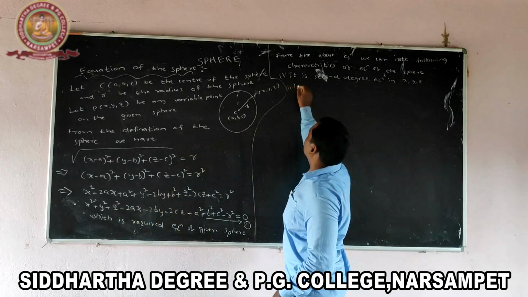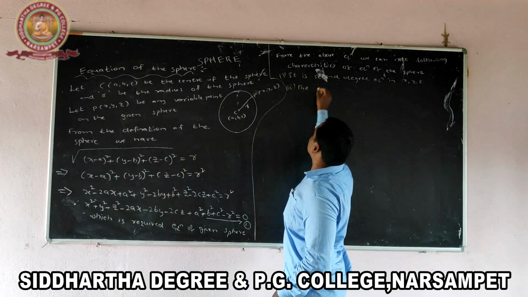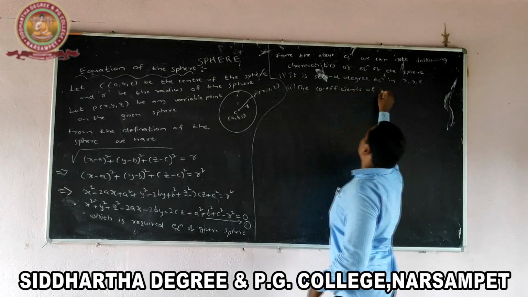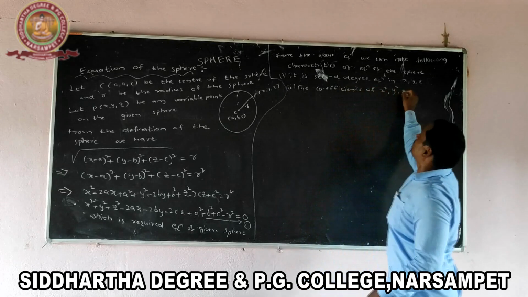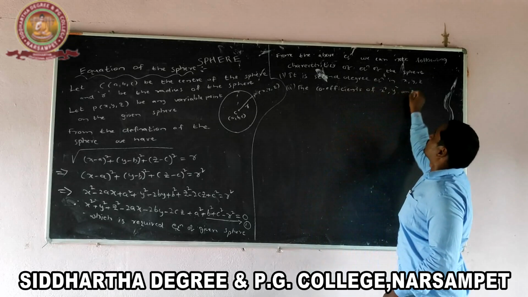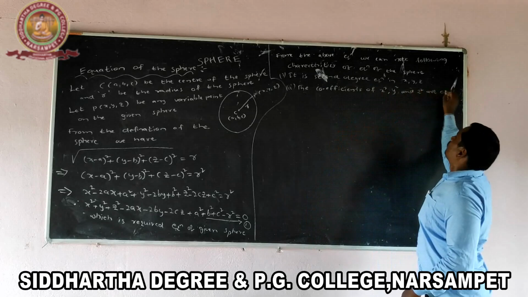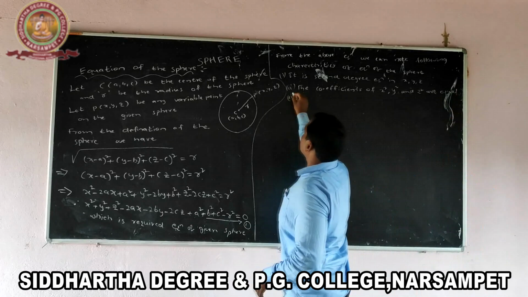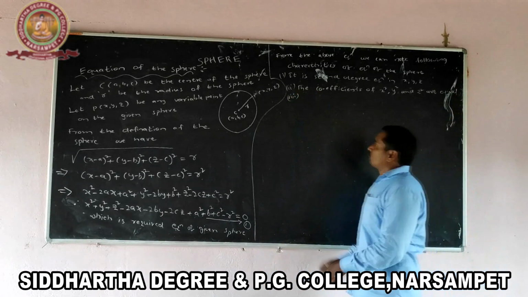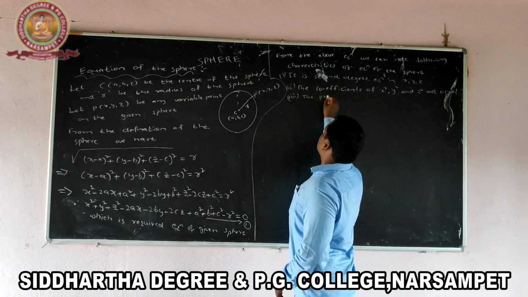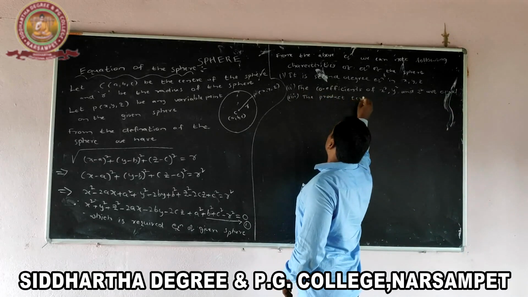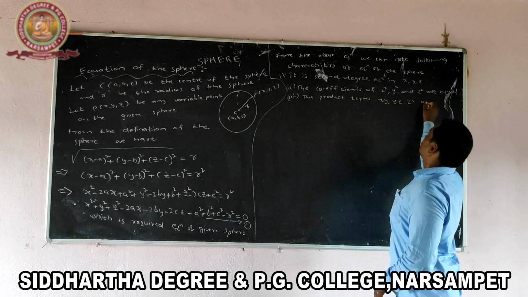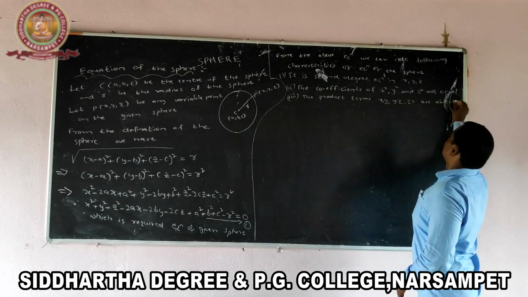Second one is, the coefficients of x square, y square and z square are equal. Third one is, the product terms xy, yz, zx are absent.